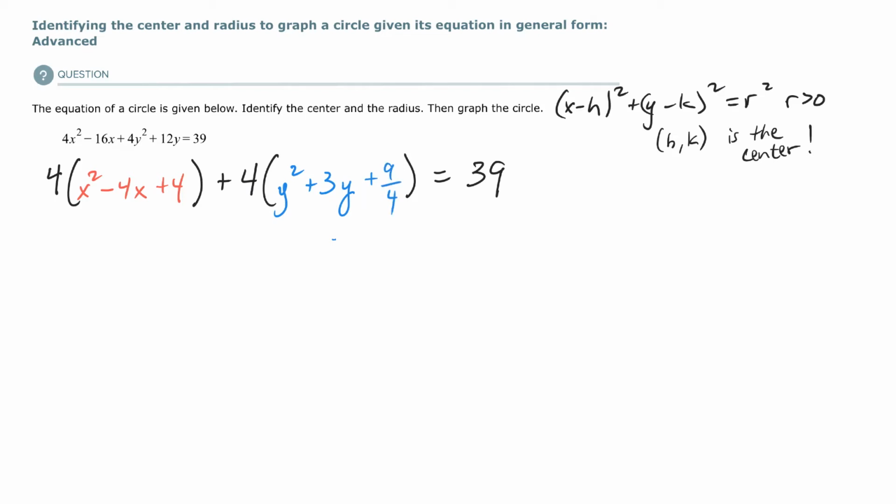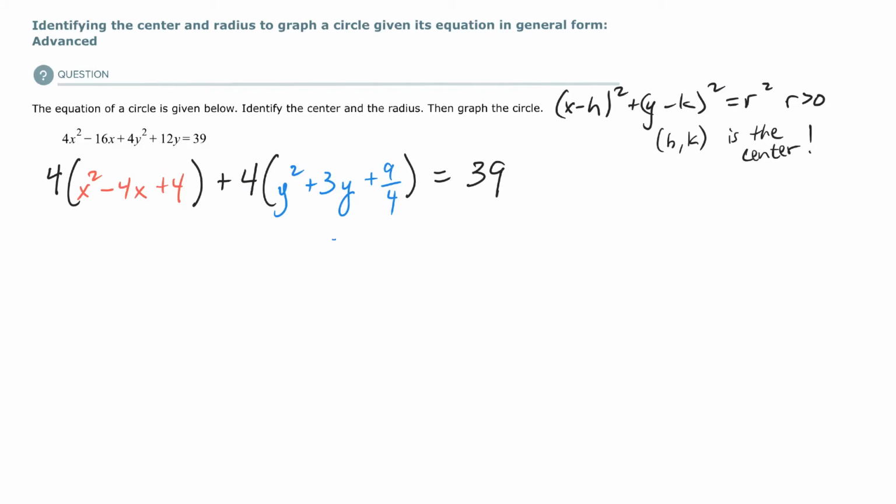Gorgeous. Now, this equation currently is imbalanced. If you look at the previous equation, it should be equivalent to this. Well, it's not, because all of a sudden I added 16 and I added a 9. So I can't add a 16 and a 9 all of a sudden.